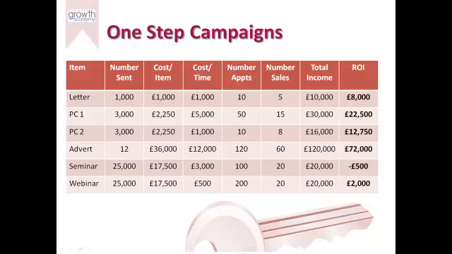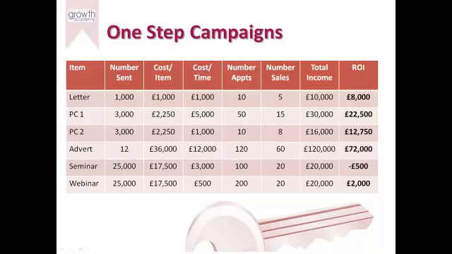So it's absolutely crucial, and this is what a typical business might look like. Now, what a lot of business owners do is they just measure their general marketing return on investment. So they'll say, we spent £10,000 on marketing, and we got £20,000 in. They didn't look at the real detail of it. They didn't break down all of their campaigns. Take the direct mail: we had a letter, one postcard and another postcard.